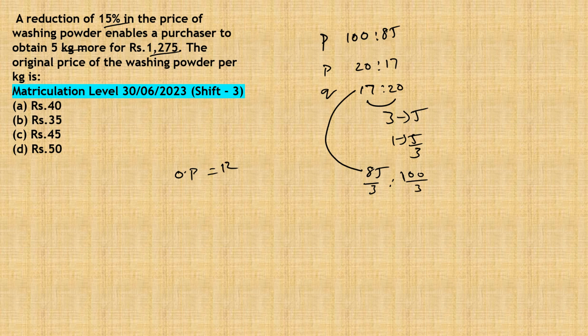The amount is 1275 divided by 85/3. 17 5s are 85, 17 7s are 119, 17 5s are 85, that is 15 into 3 equals 45 is the answer. That is option number C.